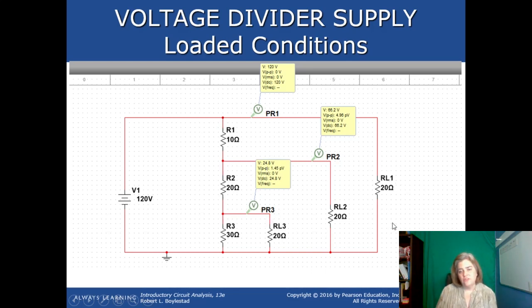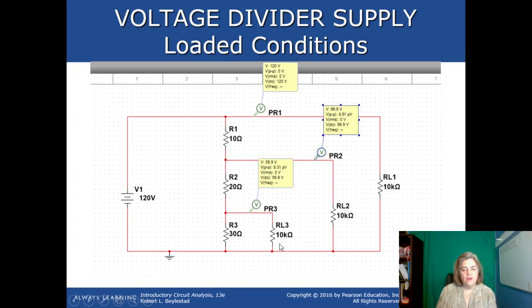However, there's a good fix for this, and that is if we, instead of using a resistor that's very close in value to our divider circuit resistors, use a very large resistor out here, so make sure that the load has a lot of resistance versus the resistance of the divider circuit. As you can see, we get very close to our original values.